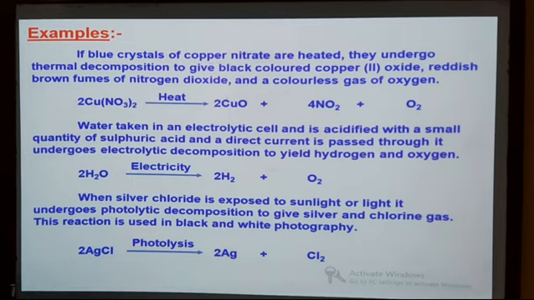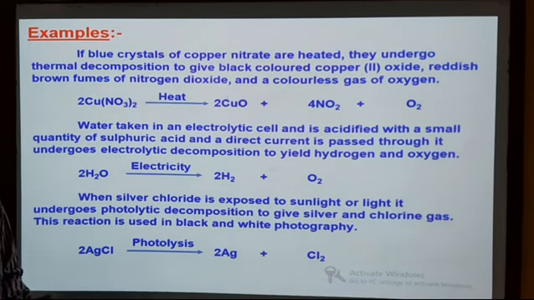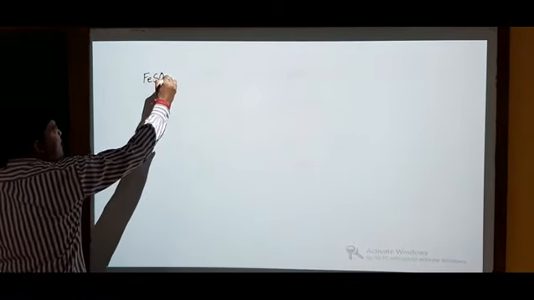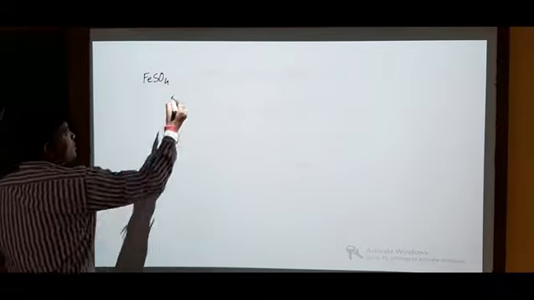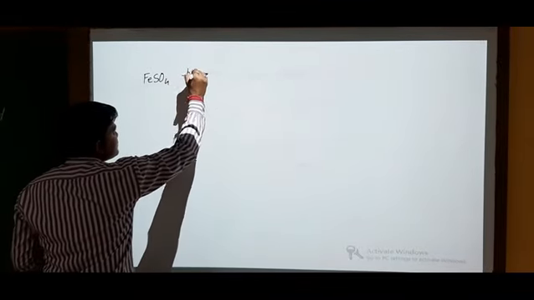So students, you have seen all the three types of reaction in the video. Apart from this, there are a few more reactions which I am going to tell you. The first reaction which we are going to see is ferrous sulfate, also called iron sulfate. When we heat it, it undergoes decomposition.